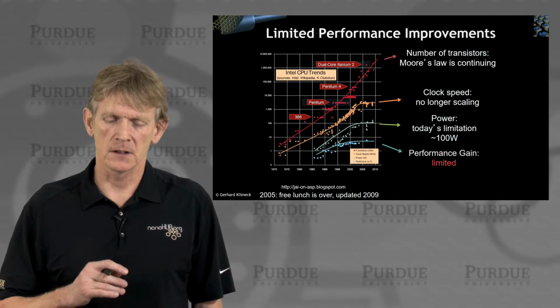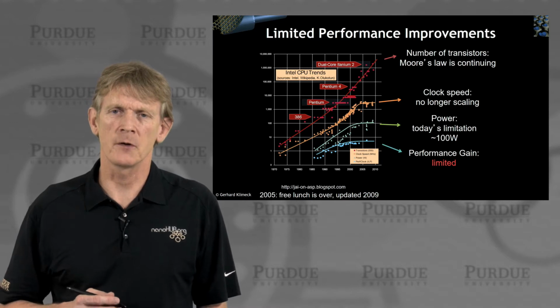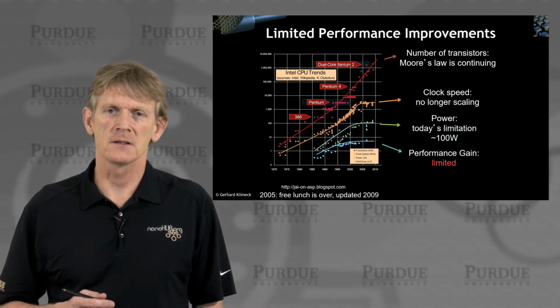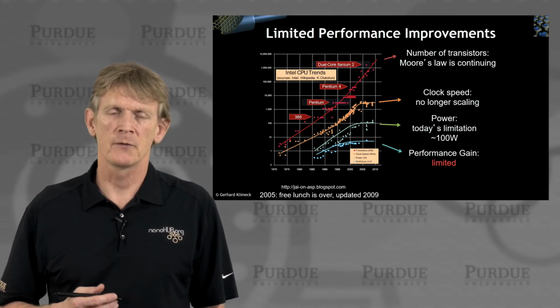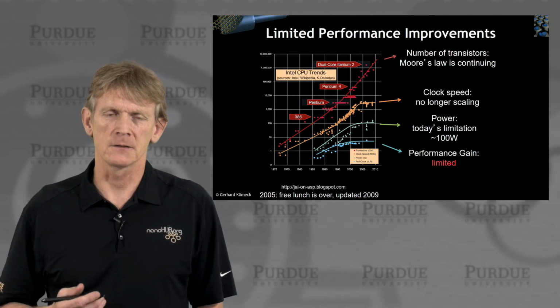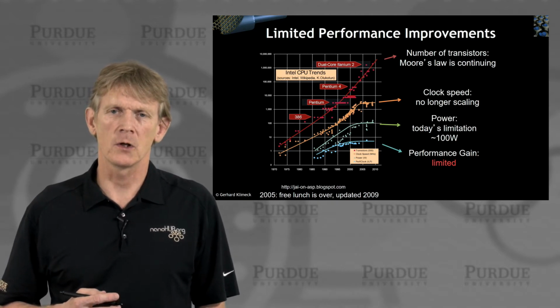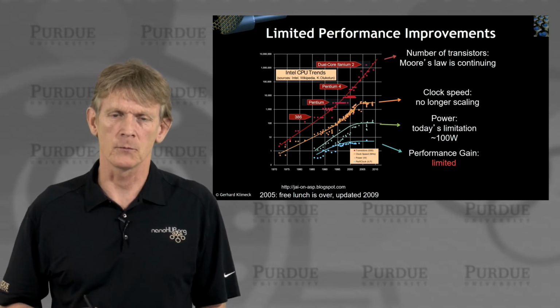And then this chart here, this block, shows that really the performance gain from scaling devices as such is now limited. It isn't increasing much. We gain performance overall by parallelism and multi-threading, etc. But overall, for the individual transistor, there's not a whole lot of performance gain anymore.